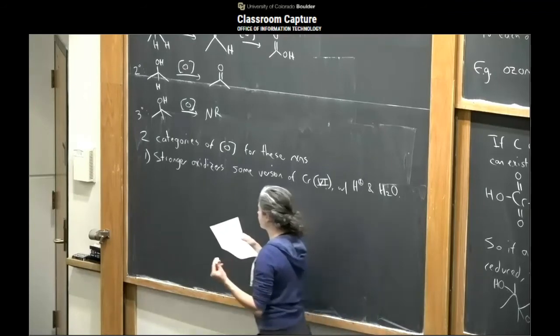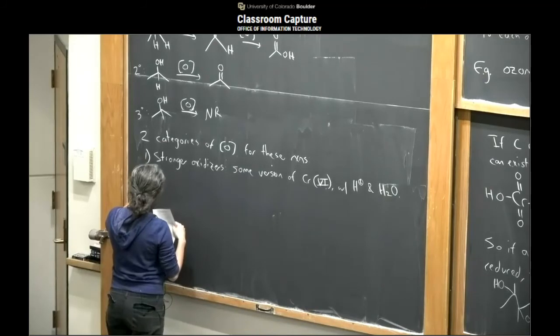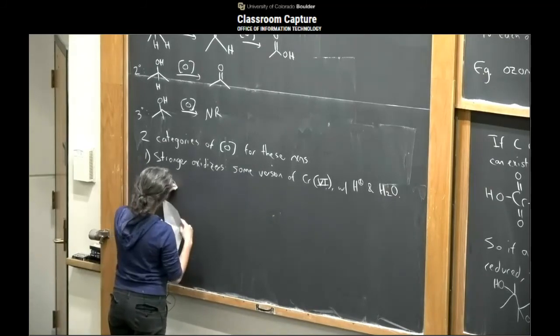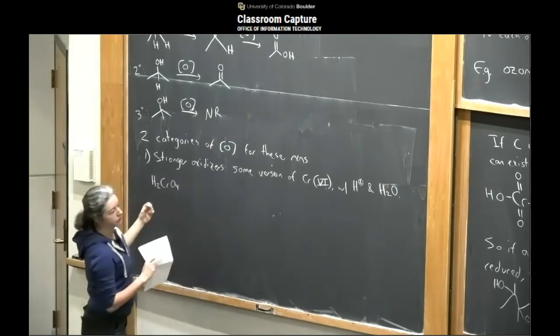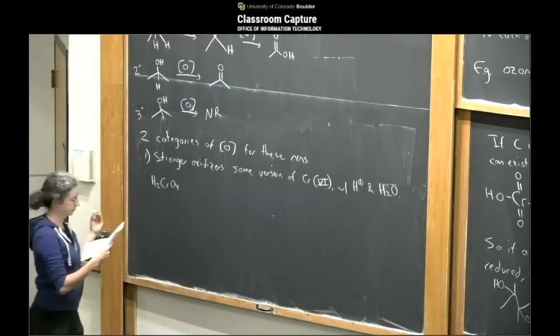So some real common examples that you might see are chromate, so like H2CrO4, which I think is the one I drew over there, chromic acid.